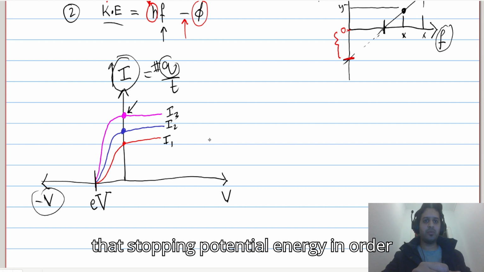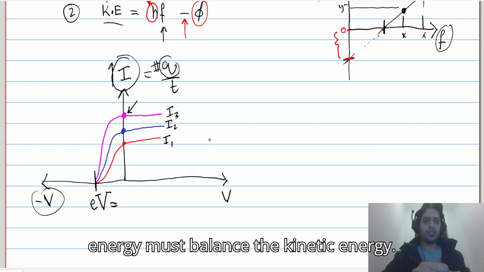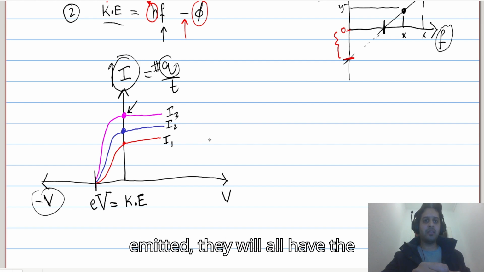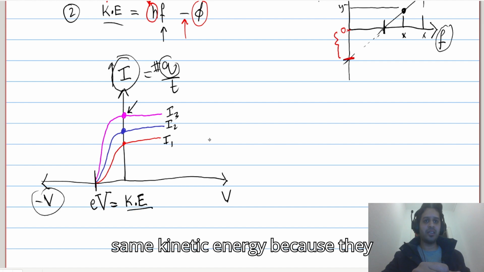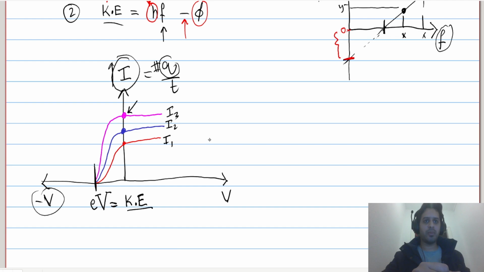And we know that stopping potential energy, in order to stop the electrons, must balance the kinetic energy. It means that all of these three lines, the electrons that are emitted, will all have the same kinetic energy because they have the same stopping potential.